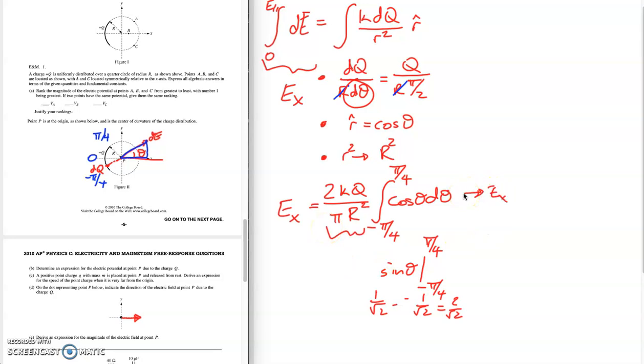So E sub x is going to be 2 root 2 k q over pi r squared. And I turned this just into root 2, because 2 over root 2 is just root 2. And this will be to the right, but again, we indicated that in part D.